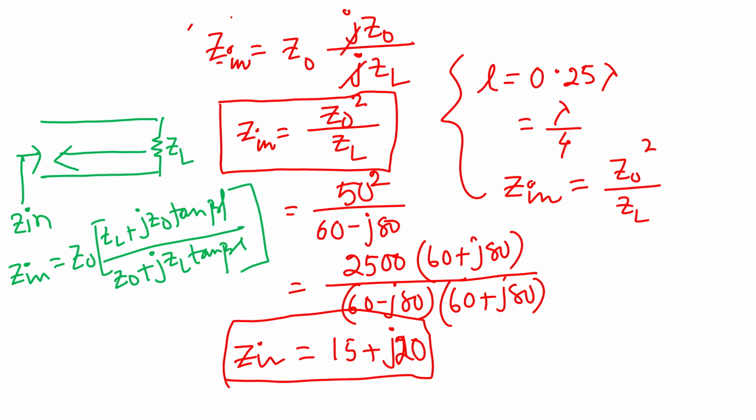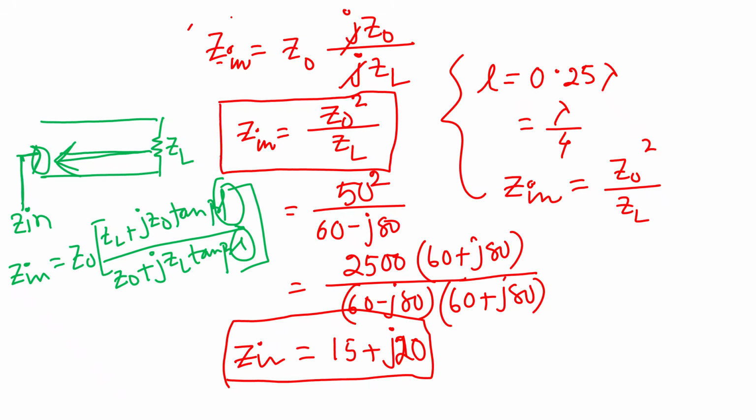So if you observe this formula carefully, one L term is there. This L term is representing length. Now length from where? This L is the distance from ZL. So this input impedance we are calculating at this point, and this point is at L distance from ZL.